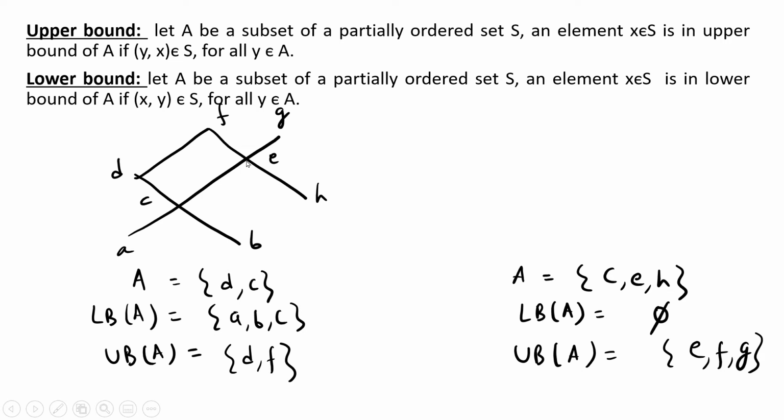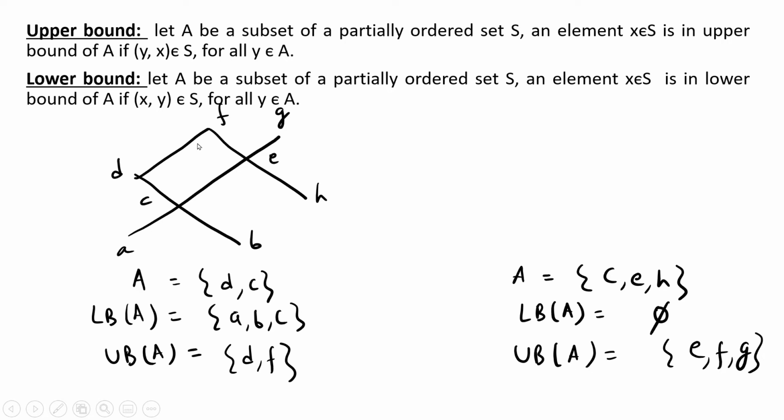Then let's check for E. C is connected with E but D is not connected with E, because D is related with F and E is related with F. E is related with G. So E and G are not in the upper bound for this {D, C}.